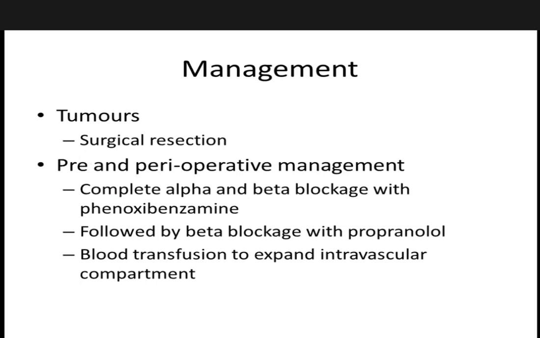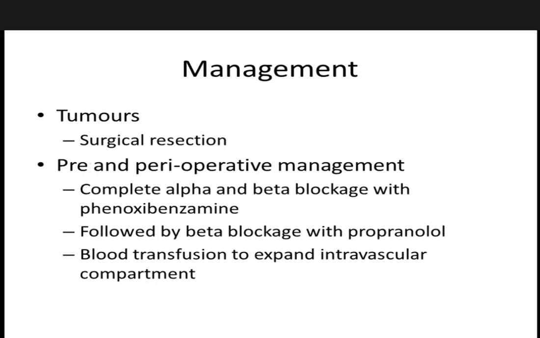Now, these individuals should be looked after very well during the pre and perioperative period. These patients need complete alpha and beta blockade with phenoxybenzamide. They need alpha blockade before beta blockade. So you cannot use propranolol as the first line medication to treat anxiety, tremors, and all that in patients with pheochromocytoma. You have to first block the alpha receptors before you block the beta receptors.